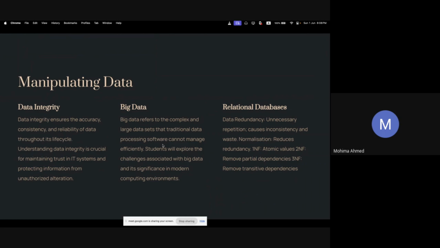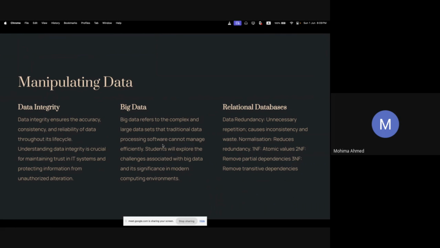So when it comes to data manipulation, it is quite hard to get the real data. So how can we get the real data, how can we identify that this particular data is valid, and how can we maintain the consistency of that data, what process do we follow? We will learn that in the data integrity chapter.